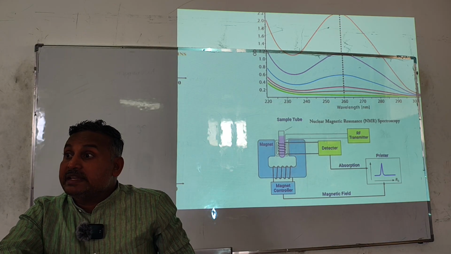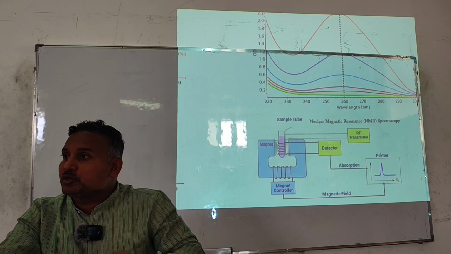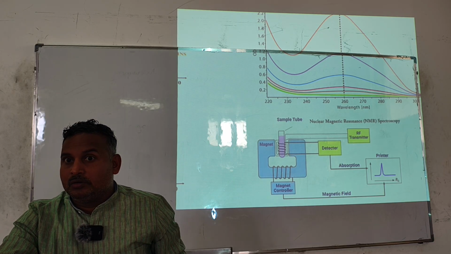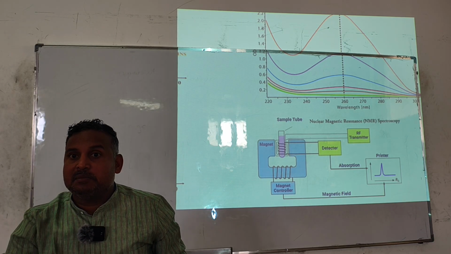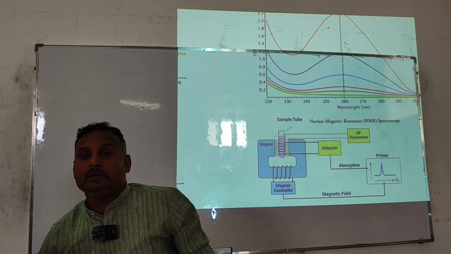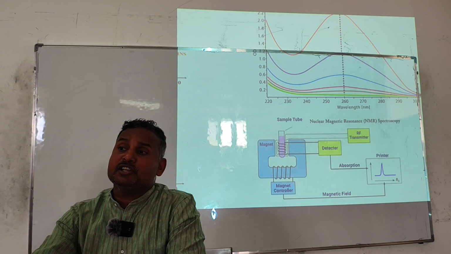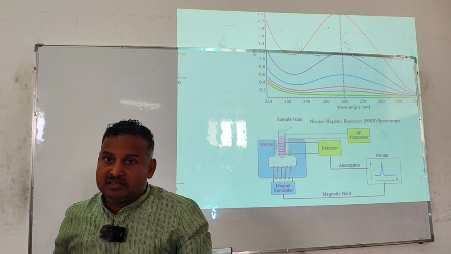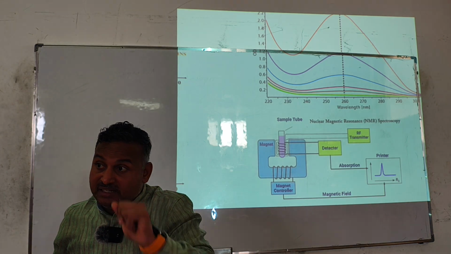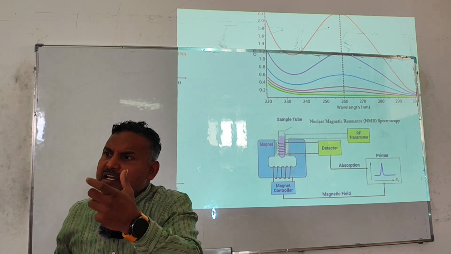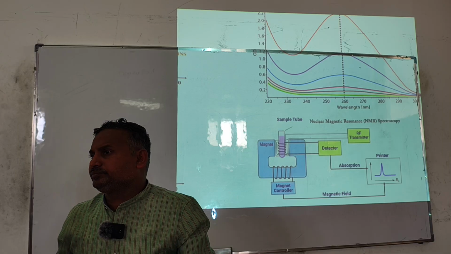But in order to study a defect in soft tissue, the only technique we have is MRI, magnetic resonance imaging, because soft tissue is transparent to X-ray. You cannot get any information about soft tissue.